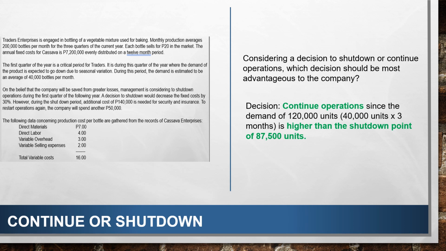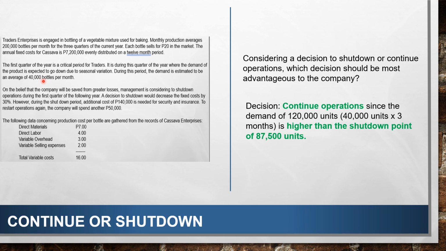Our next question: considering a decision to shut down or continue operations, which decision should be most advantageous to the company? It is already given in our problem that the demand will be 40,000 per month. So that will give us a demand of 120,000 for the first quarter. So 120,000 will then be compared with the shutdown point we computed, 87,500 units.